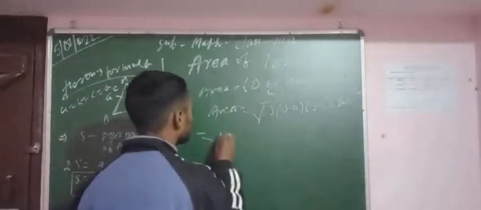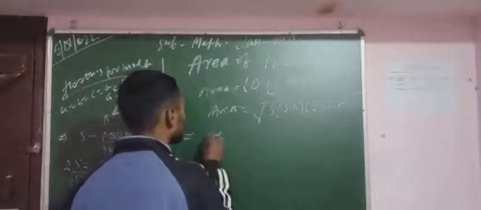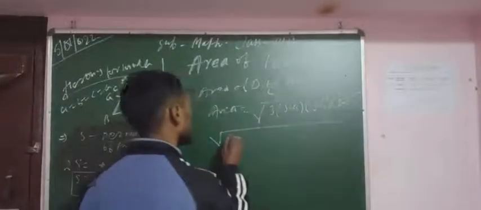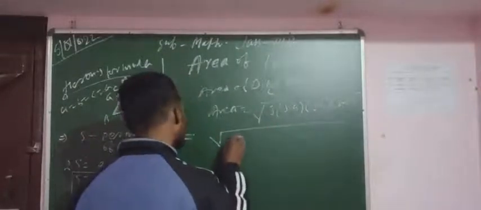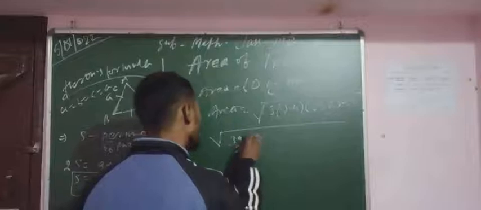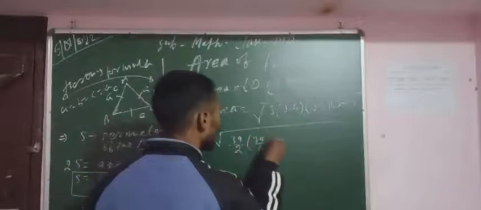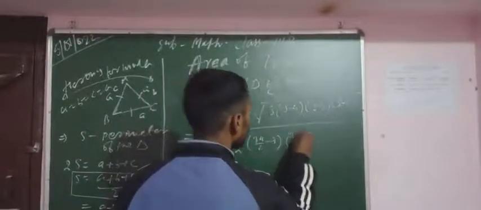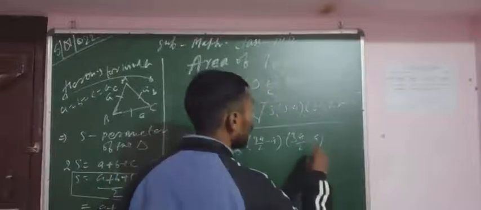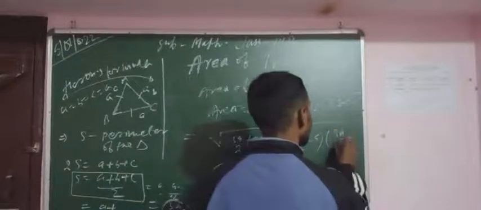Now look at this. अब S is the semi-perimeter, तो S का वैल्यू 3a by 2, and 3a by 2 minus a, and 3a by 2 minus a again, and 3a by 2 minus a again.